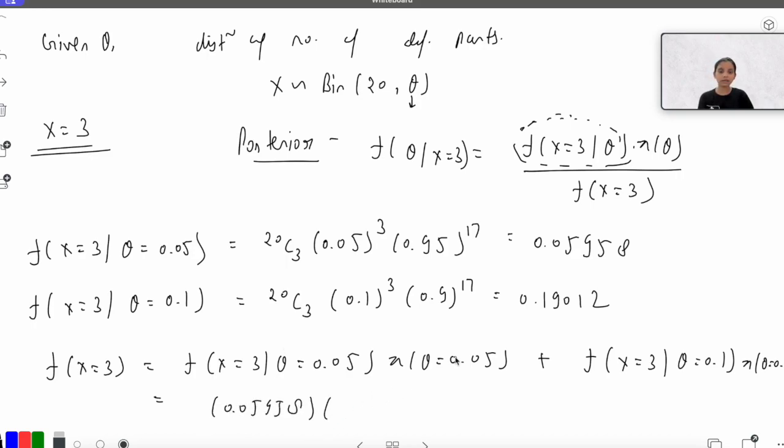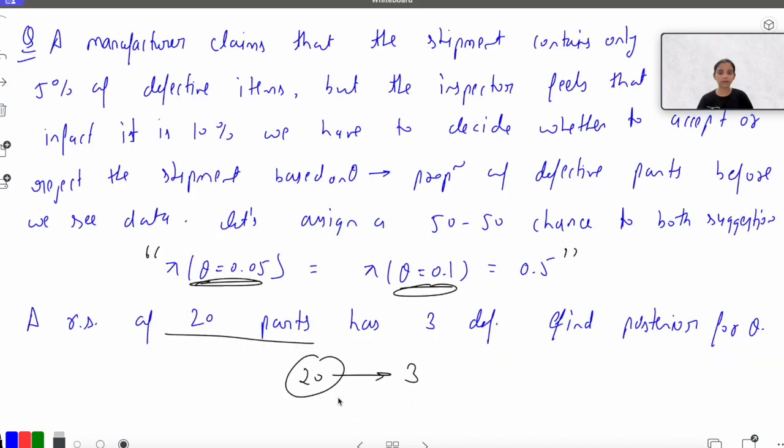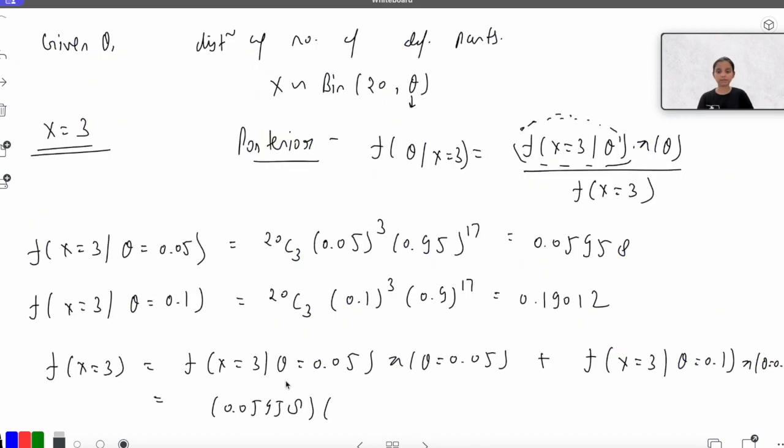That will be 0.05958 into the distribution pi of theta is equal to 0.05. We are giving this a weightage of 0.5 because we are saying that they are equally likely to occur. So this is 0.5, and similarly pi of theta is equal to 0.1 is also 0.5, and this we have already calculated, 0.19012.